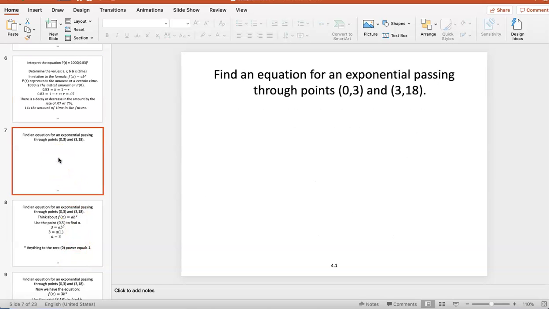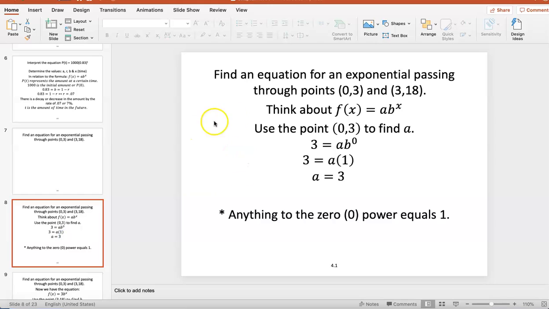Now, we're told to find an equation of an exponential passing through the points (0, 3) and (3, 18). Well, (0, 3) would give you your initial point, wouldn't it? So let's look. f of x is a times b to the x.